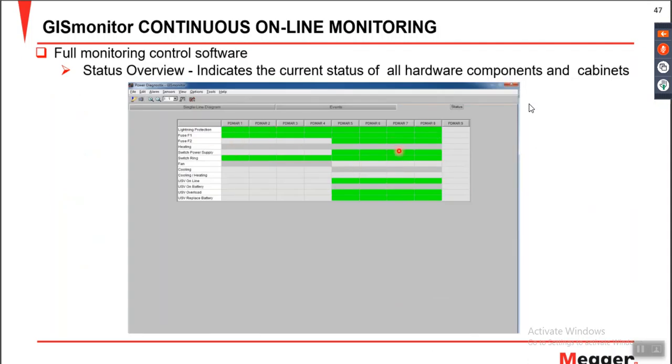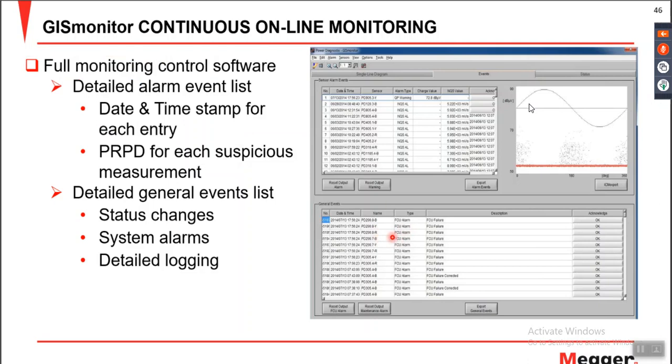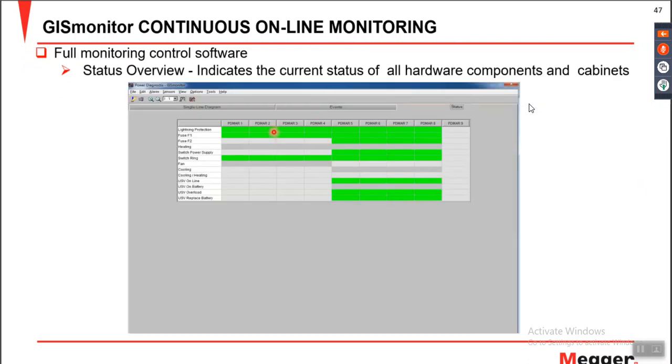If you have a number of panels connected to a fiber optic ring and any ring network is broken, this will turn red. And if any fuse, UPS or fan is not running in any of your cabinets, the main HMI will give you an alarm with a date and time stamp in the general event, and you can also identify it on the status tab.